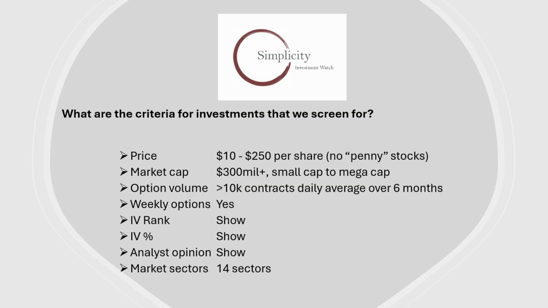IV rank basically is where it stands compared to the highest and lowest values over the past year. It goes from 0 to 100. 100 means it's at the highest level over the past year. IV percent is the percentage of days with the implied volatility closing below the current level over the prior year. So a stock can have a low implied volatility percent, say a 40, yet because the stock is not volatile, that 40 could give it a ranking of 95, meaning over the last year it's actually sitting on the high end of its range.